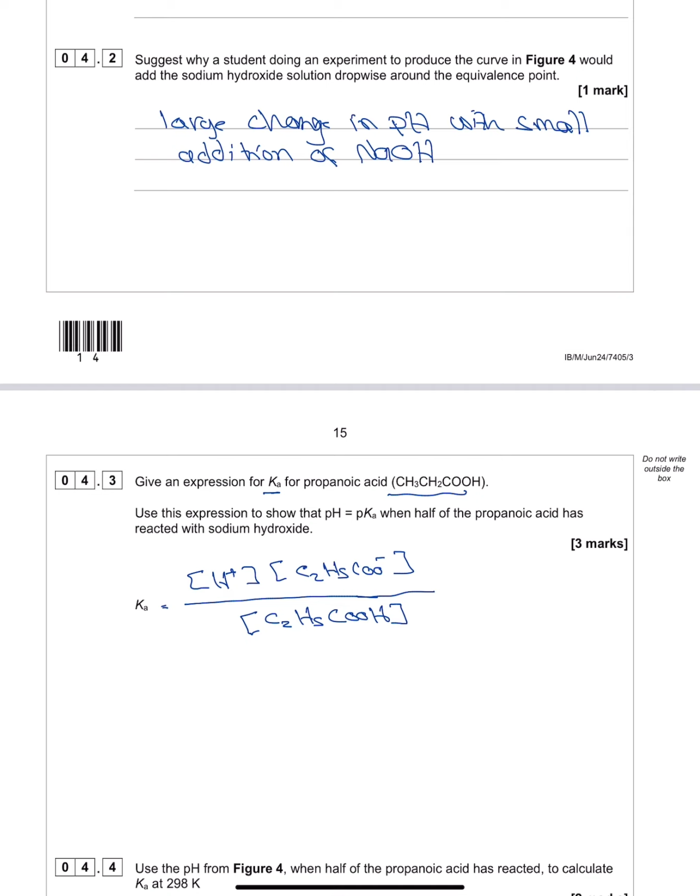Then use this expression to show that pH equals pKa when half of the propanoic acid has reacted with sodium hydroxide.